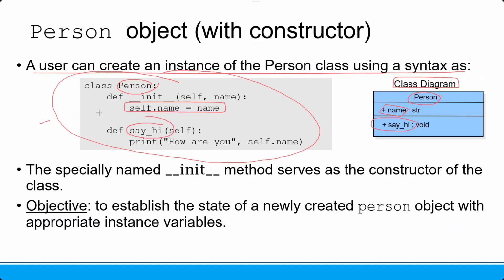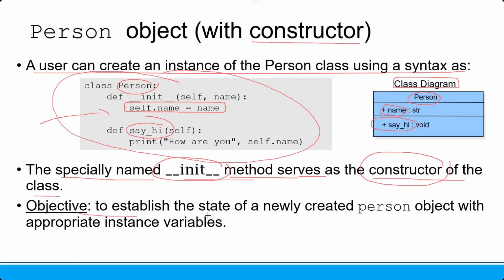In this example, we have a special name, init. Init means initiate. So we want to initiate an object. This init method serves as the constructor. So this is to construct an object of the class.